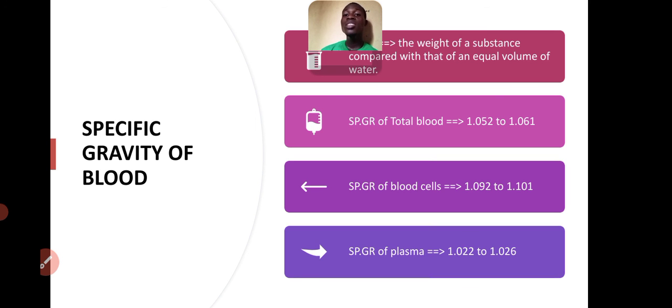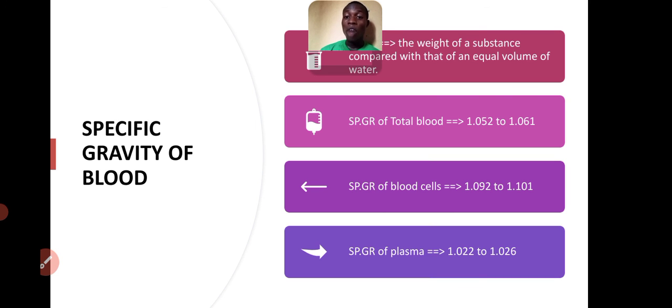So our normal total specific gravity of blood is 1.05 to 1.061, while the specific gravity for our blood cells, because our blood cells have weight, in a normal healthy individual is 1.092 to 1.101.